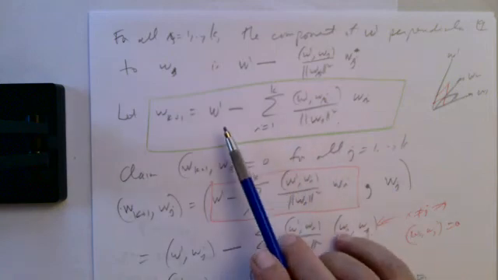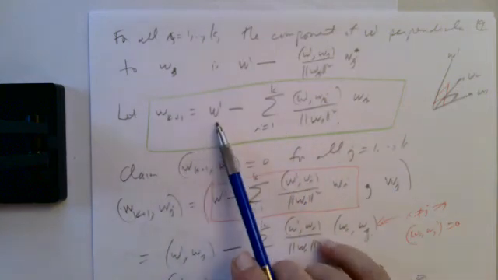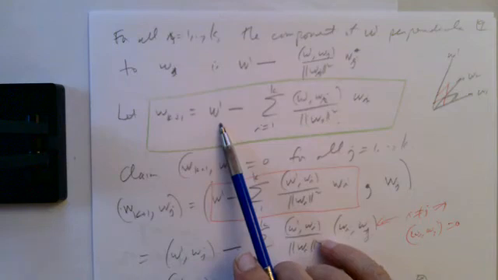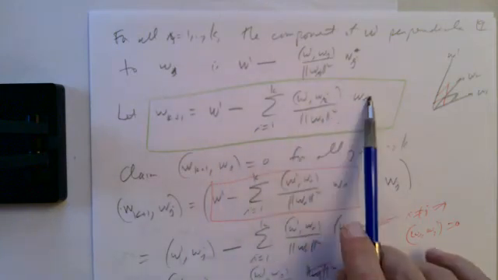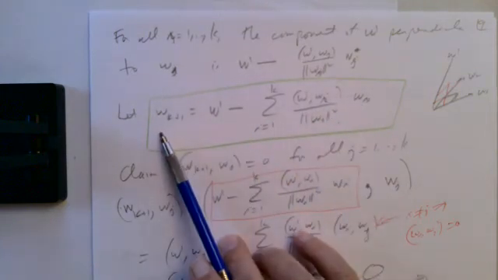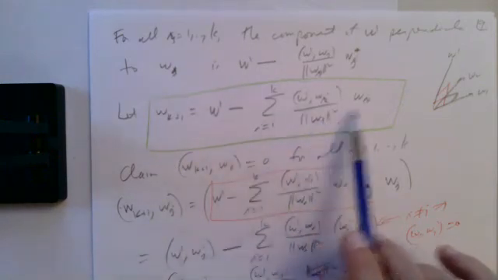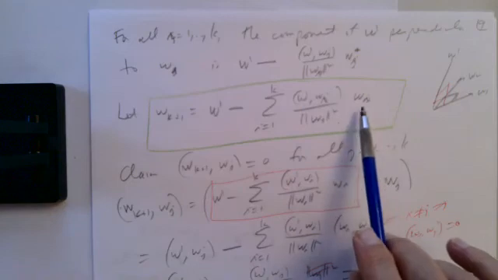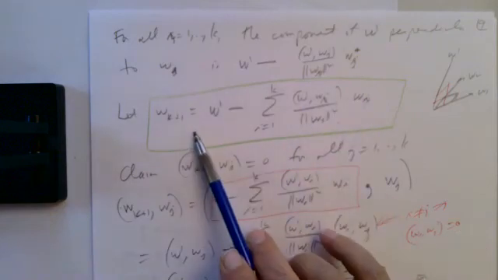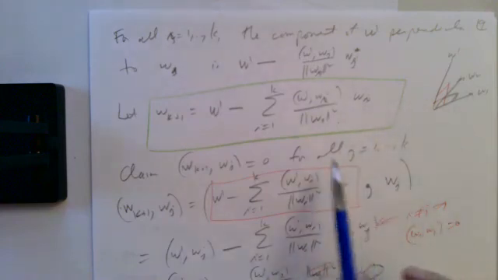So you can represent W prime as a linear combination of W1 up to Wk and Wk plus 1. So any linear combination of W prime and the k vectors in the original basis is also a linear combination of Wk plus 1 and those k vectors.